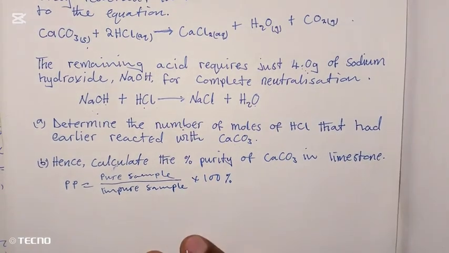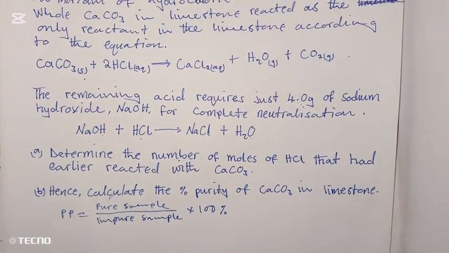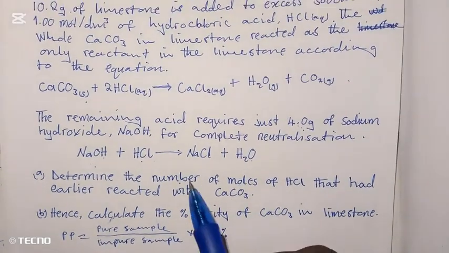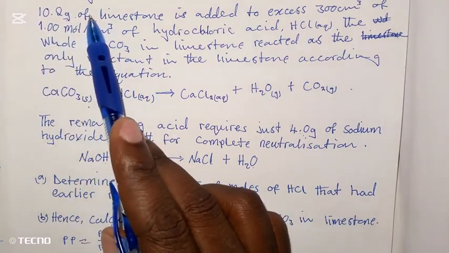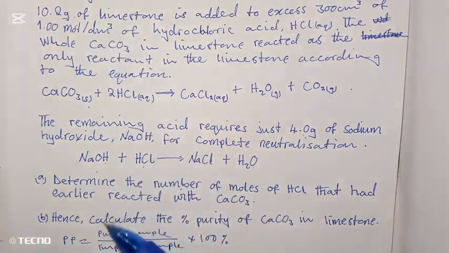So this is the formula. Having this, what we have here is this mass, which is the impure one.